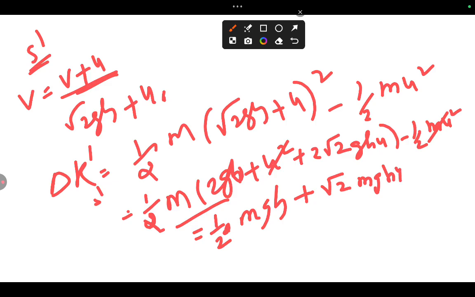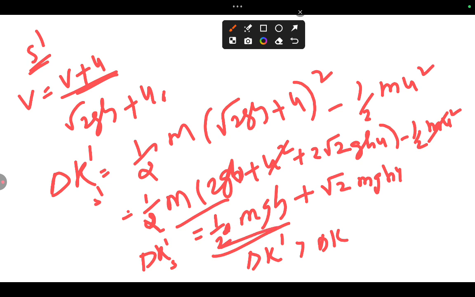Finally what do we have? This term is positive, and this is already the previous value of ΔK. So ΔK' is greater than ΔK.